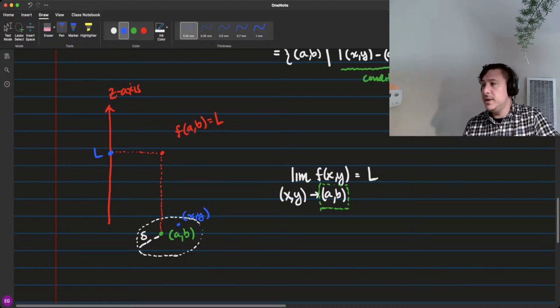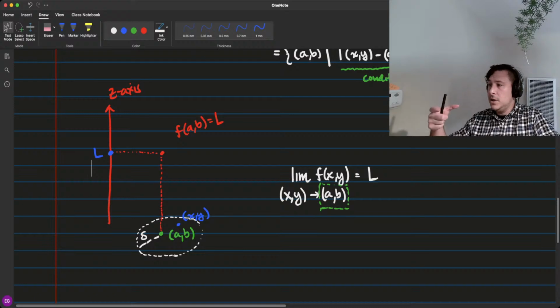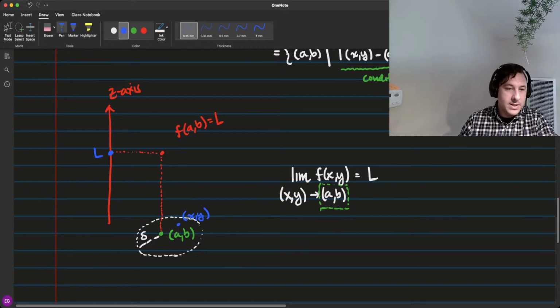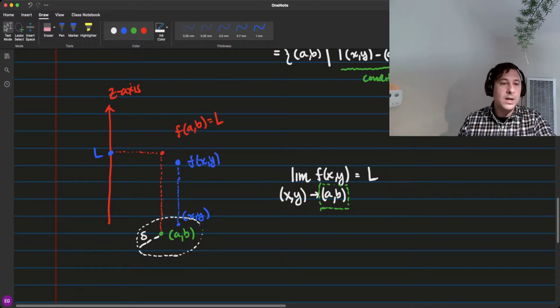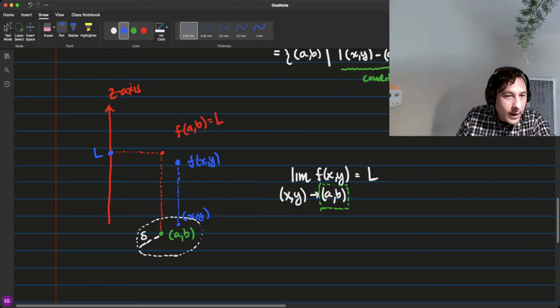Now, what a limit is telling you is that if you're close to your point AB on the xy axis, in other words, this point x comma y, well, what do I now know about this point? If I was to evaluate this point f of xy, what does the value of that point have to be close to?